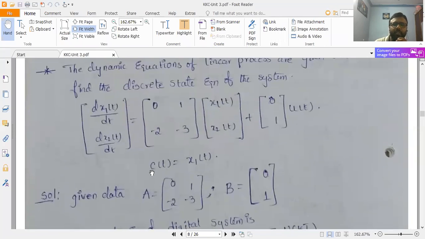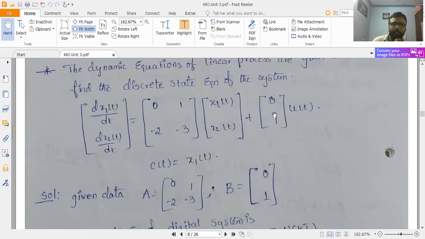So based upon the statement of the problem, we are able to find out that this matrix is going to be representing the equation x dot of t is equal to A into x of t plus B into u of t.